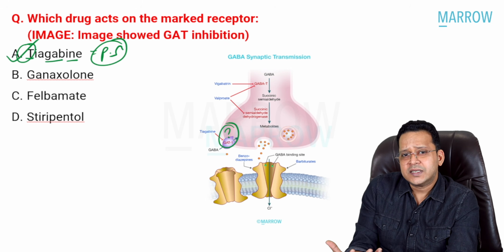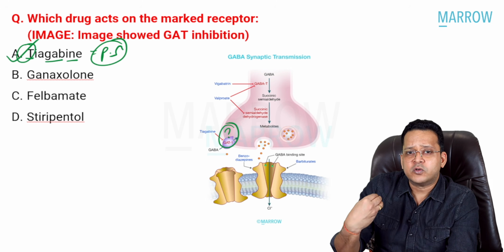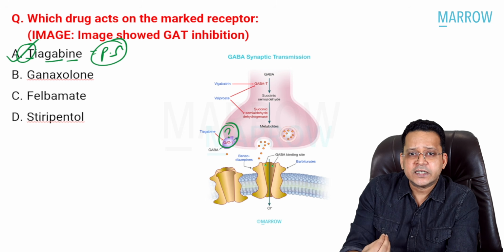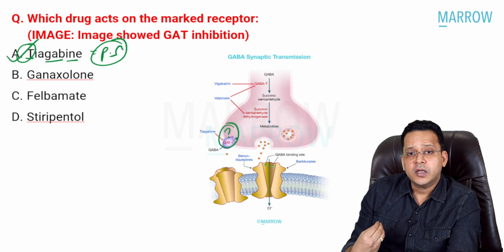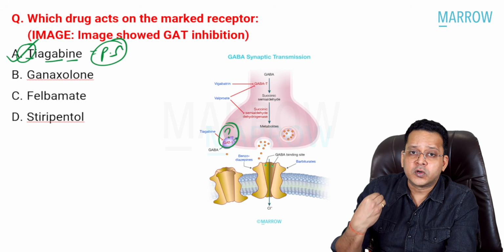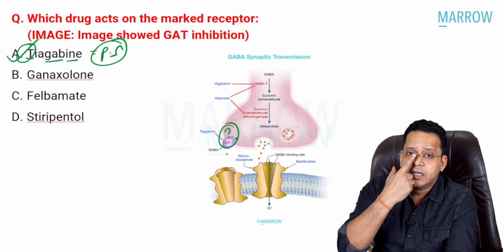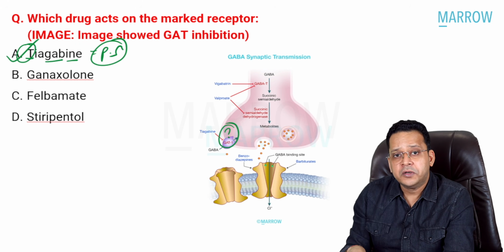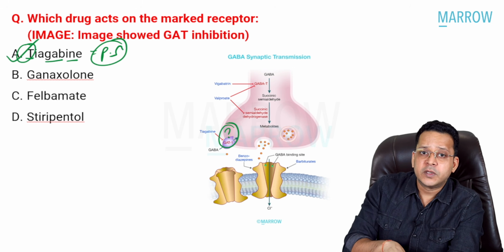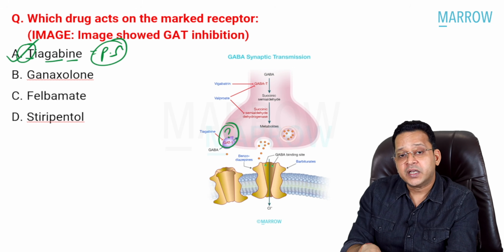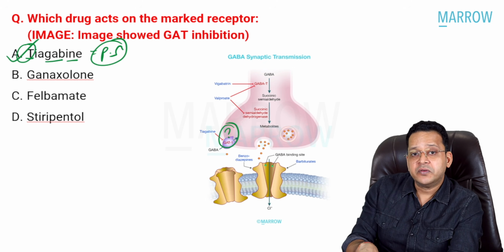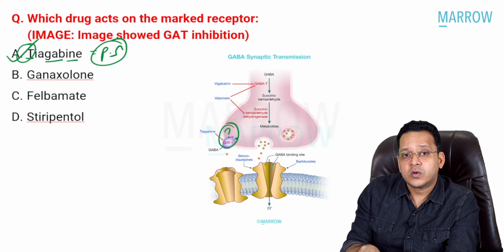It would be my advice to those students who have not done well in INI-CET, please don't lose hope, right? There is still a lot of time for NEET PG, and your fortunes might change drastically. From being non-qualified to getting under 5,000 rank is doable. A lot of people have asked me, sir, I am not qualified in INI-CET, right? If you're not qualified in INI-CET, ask yourself, what was the reason?